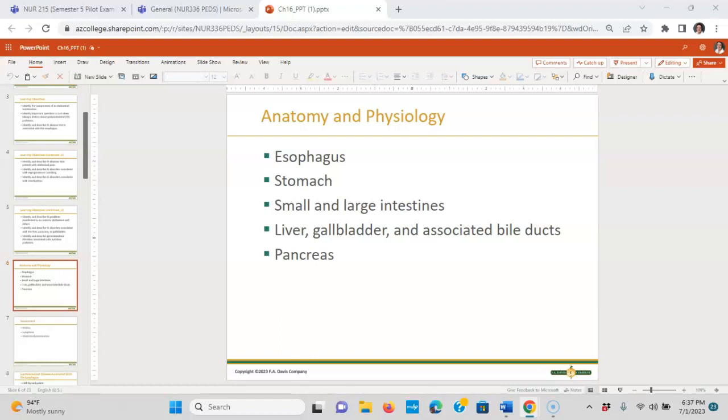Are they refusing bottle, breast? Reviewing the family history of GI for recent problems. Maybe it's a household thing. And then see if there's any problems in the family genetically as well. Social history, any problems at home, any new stressors, because stress leads to ulcers as well as other issues like diarrhea from stress.